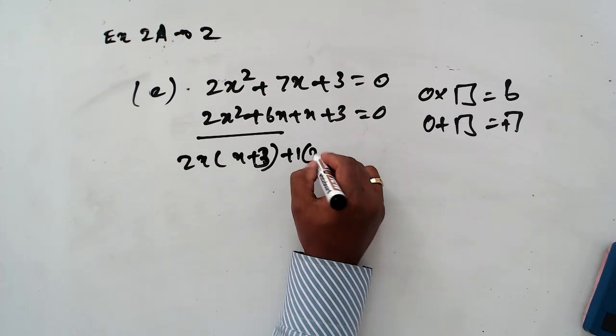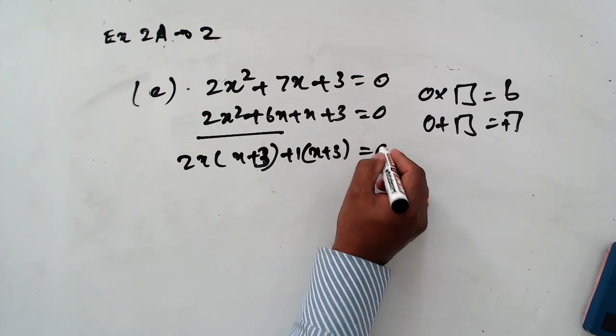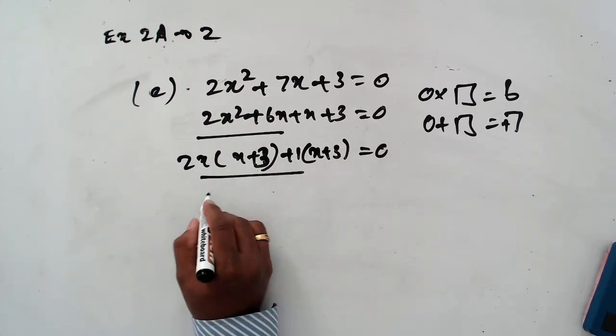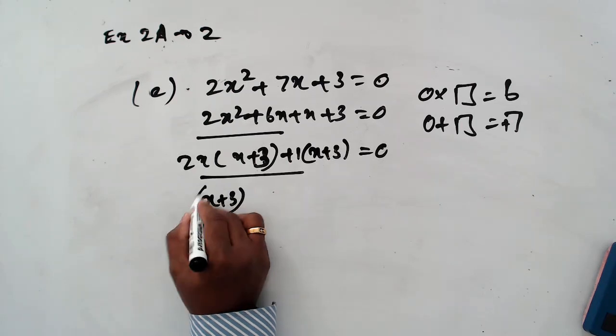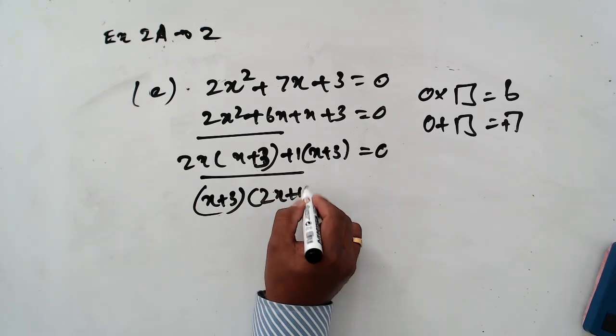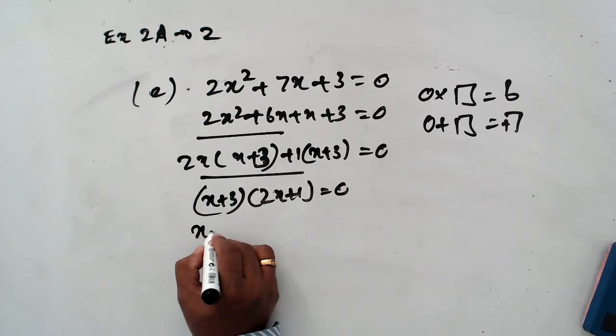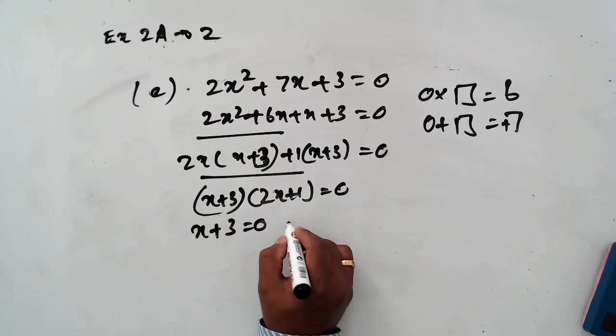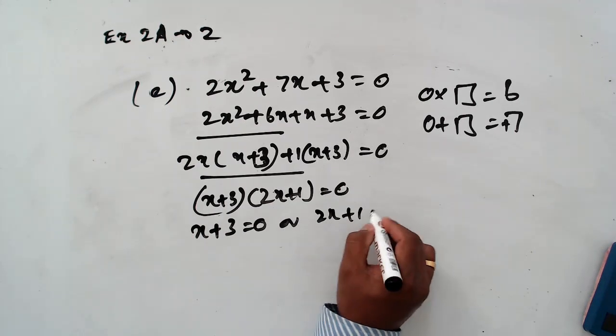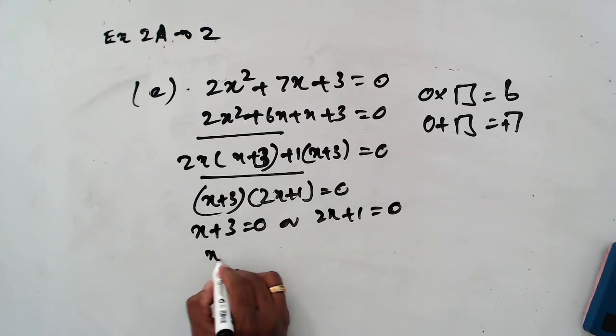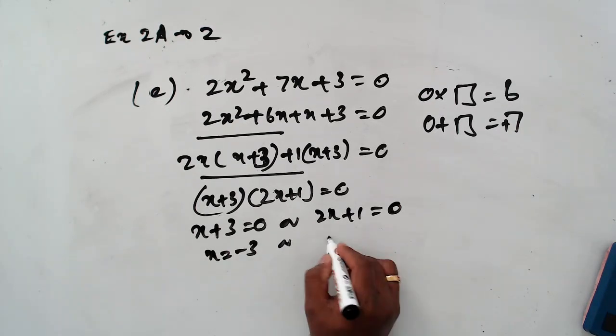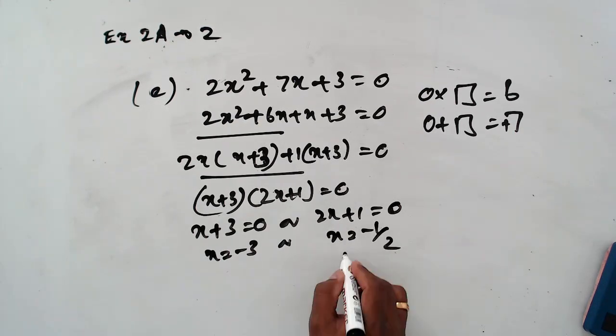Here plus 1, x plus 3 remaining equals 0. From here x plus 3 is common, then 2x plus 1 is remaining. x plus 3 equals 0 or 2x plus 1 equals 0. So x equal minus 3 or x equal minus half.